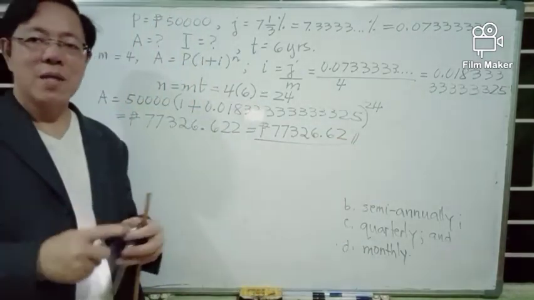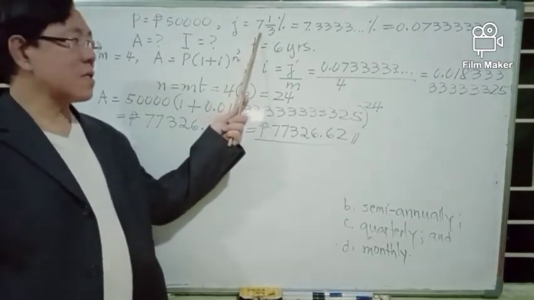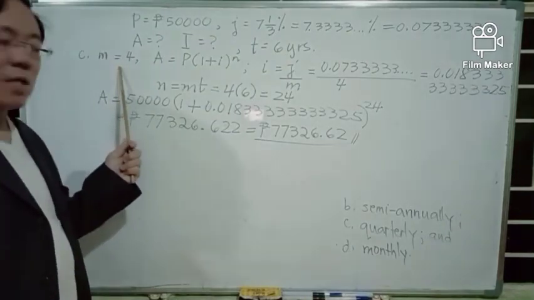That's the accumulated value of 50,000 pesos at 7 1/3% compounded quarterly.